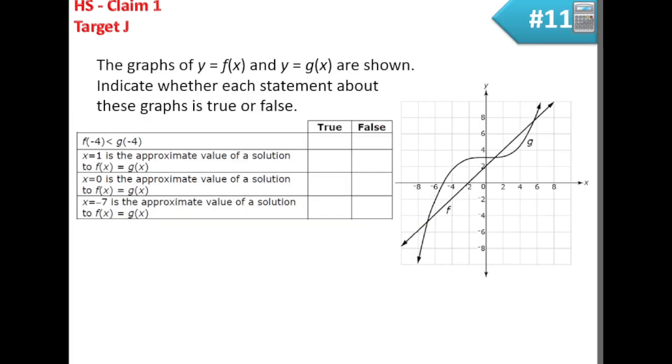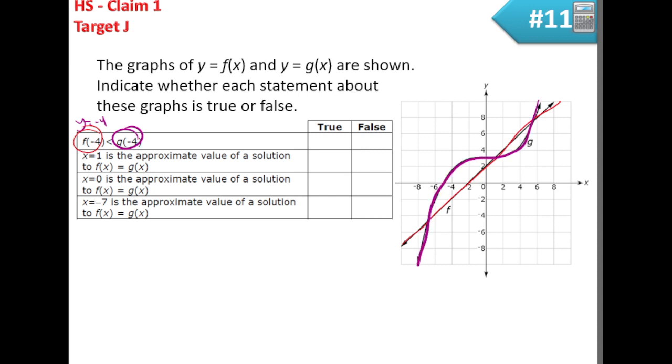Over here, the graphs of y equals f of x and y equals g of x are shown. Indicate whether each statement is true or false. So f of negative 4, first of all, let me label here. Red will be f, purple will be g.